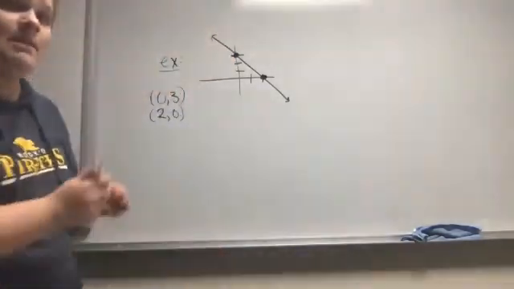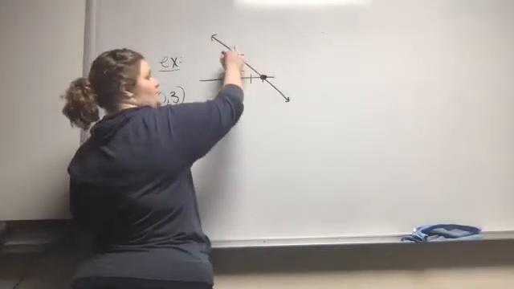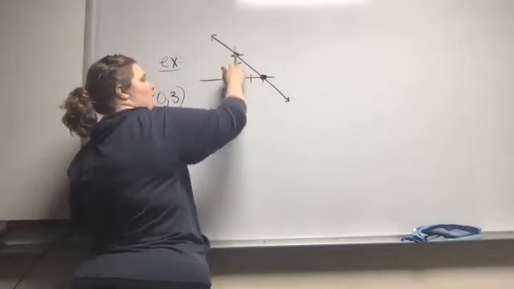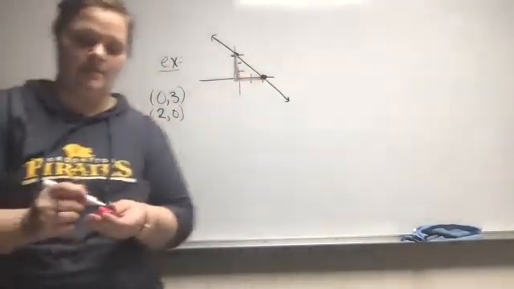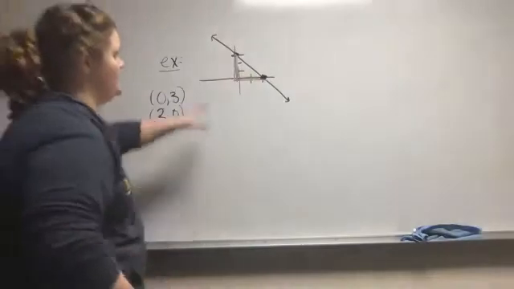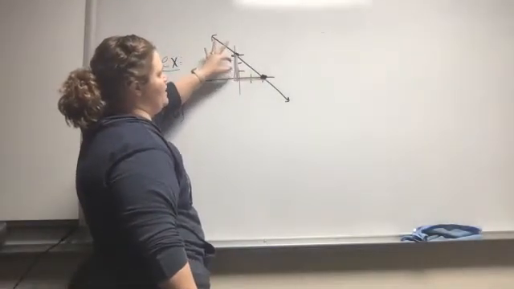But the other way is if they give us the graph, remember slope is rise over run. So we need to figure out from this point to this point, how many we went up and how many we went over, okay? So from one point to the other, how many is my rise? How many did I go up? I went 1, 2, 3.